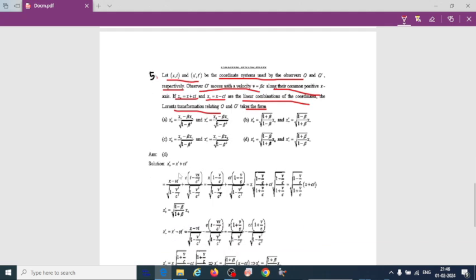So here we have two transformations relating the observers O and O prime in terms of coordinates x, t and x prime, t prime. First we should note down x plus prime. So what is the equation here? x prime plus ct prime.